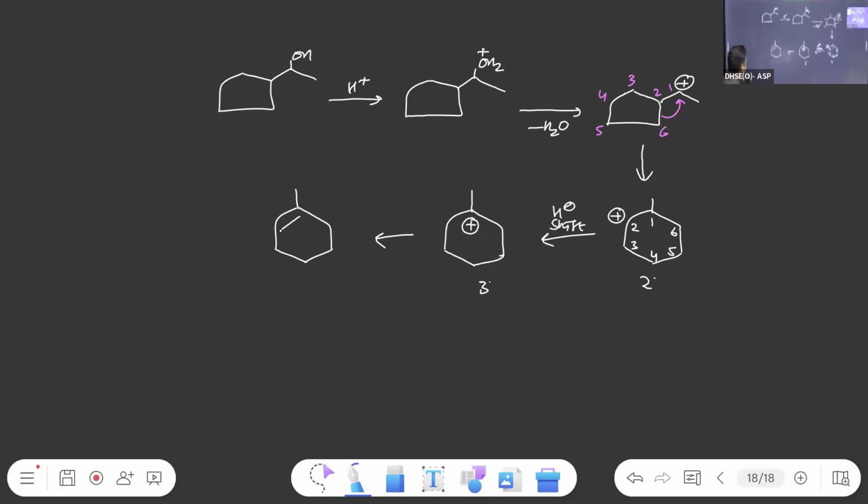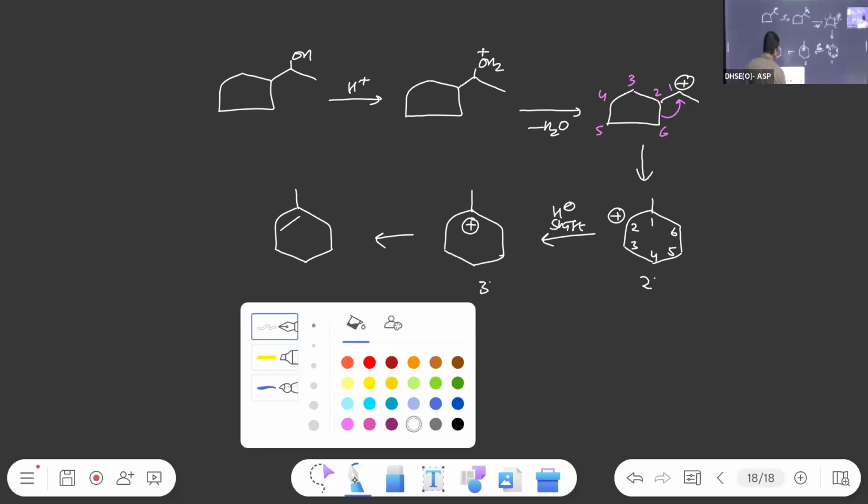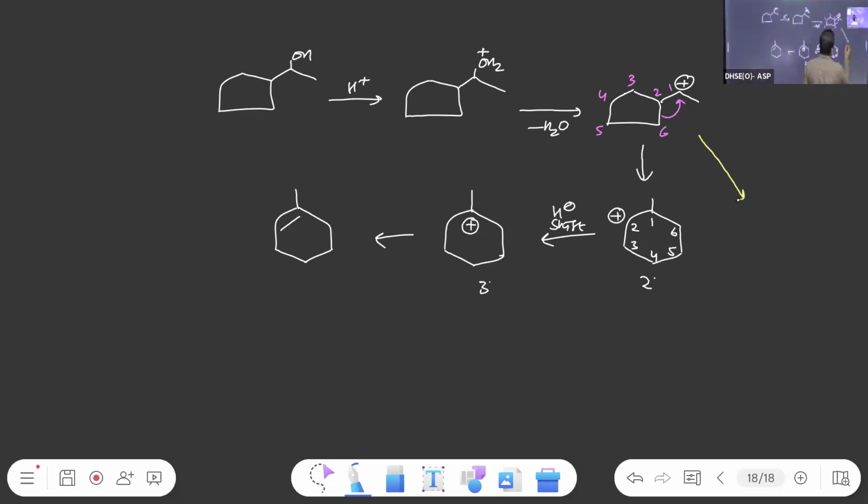How many possible alkenes are formed? Before rearrangement and after rearrangement, what are the possible alkenes formed? From this carbocation, this is one alkene plus this is another alkene.